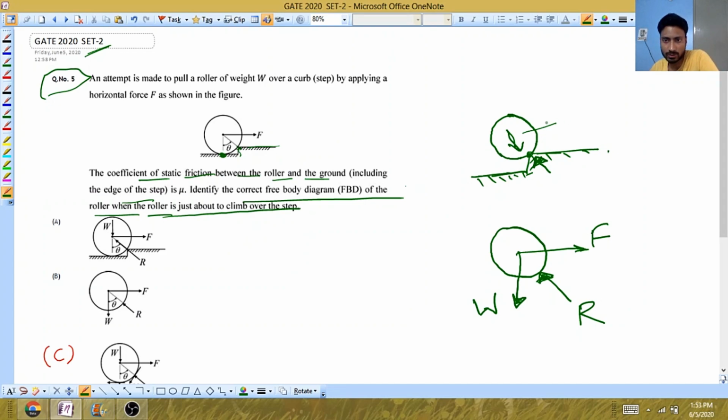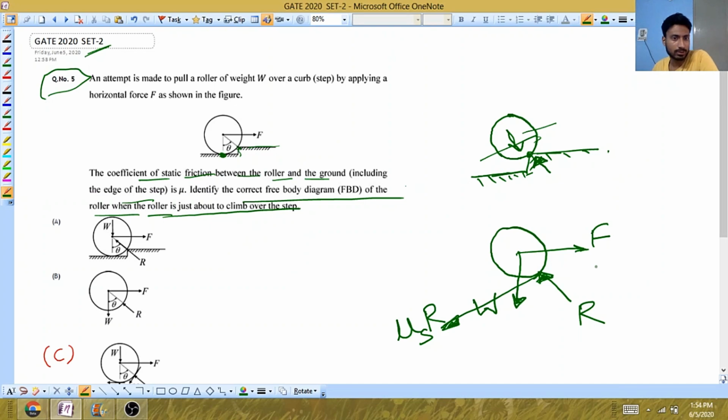You can see this block is trying to move in this way, so friction force will be observed in this way. And you know that the maximum value of static friction is equal to mu s into the reaction that is observed at this surface, that is R.